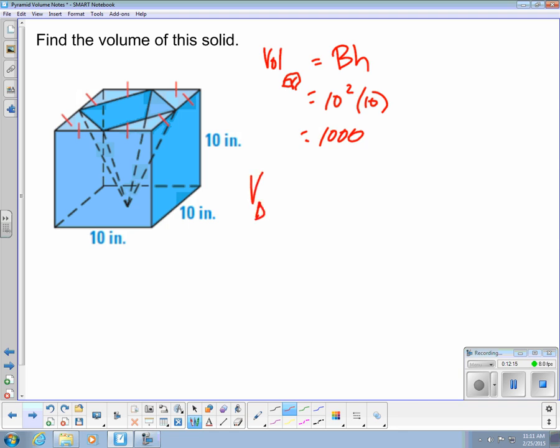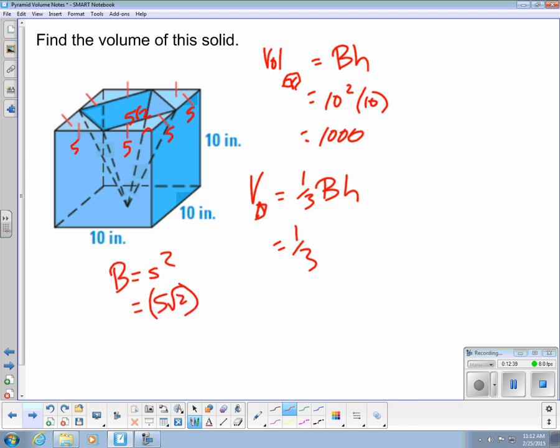Now the volume of the pyramid is 1/3 big BH. The base here, we're going to have to do a little work. So if this whole side is 10, that makes this 5 and this 5, this 5 and this 5. And so these are right angles, so therefore I know this is 5 square root of 2. So the base edges for this pyramid, since it's a square, is 5 square root of 2 squared.